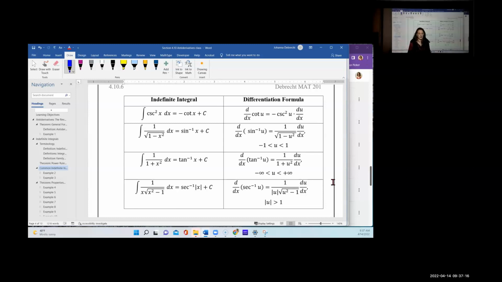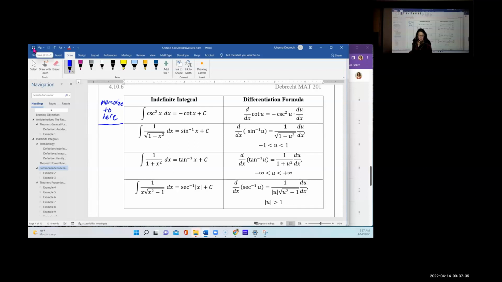And in fact, these are the three that I do not expect you to memorize. So you're going to memorize down to here. And if you need the last three, I'll give them to you.